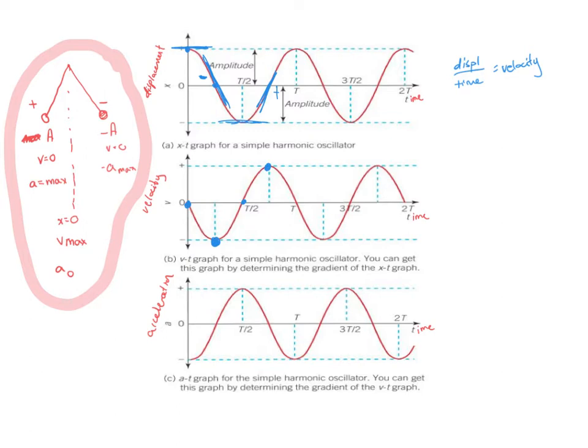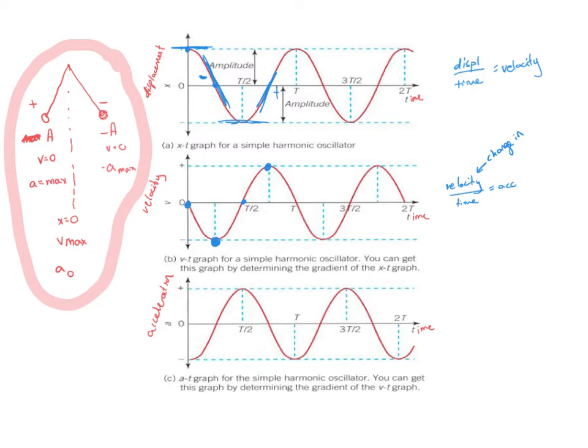If you do the same thing to the velocity time graph, so velocity divided by time, you know that's acceleration, and more specifically, the change in velocity divided by time is acceleration.